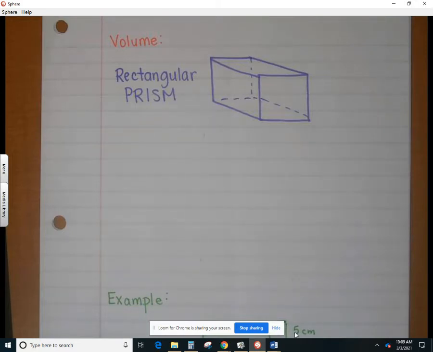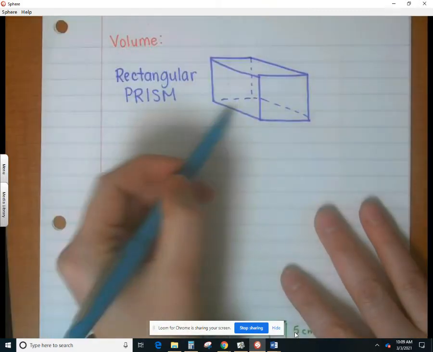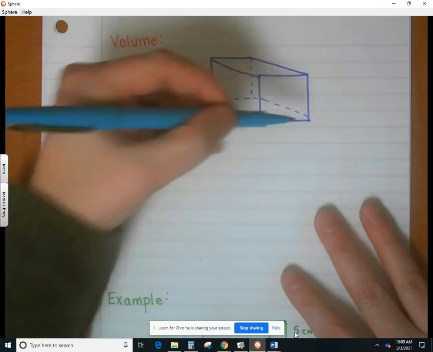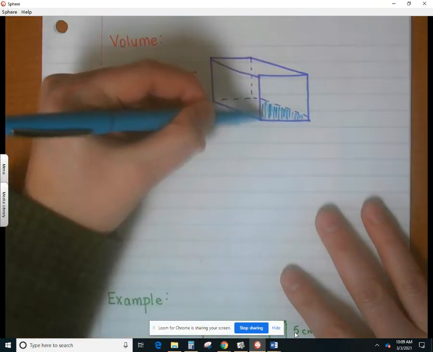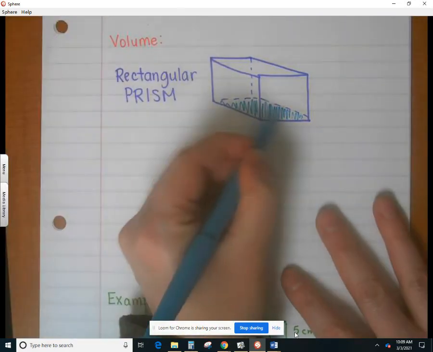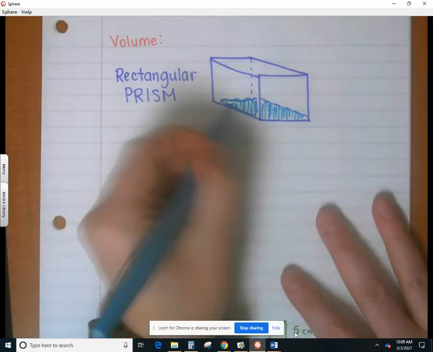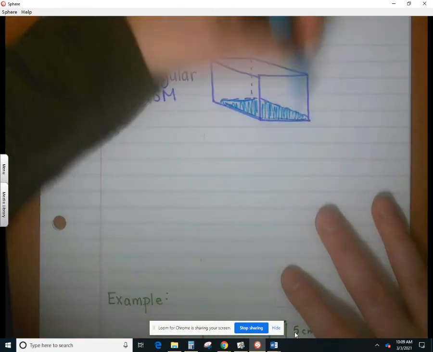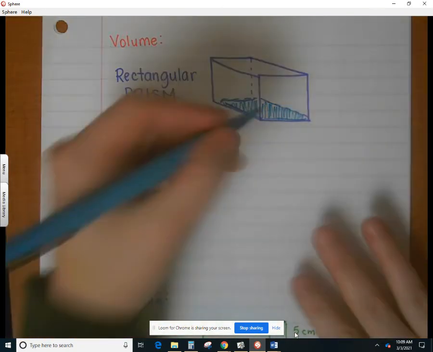And so we're going to label some things on this prism. If you think about the base of it, the part that's sitting on the ground, so this blue part here, that right there is a rectangle, which is why this is called a rectangular prism. And if you think back to our original definition of the formula of area, we did length times width.